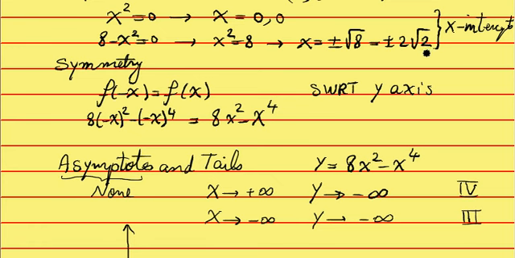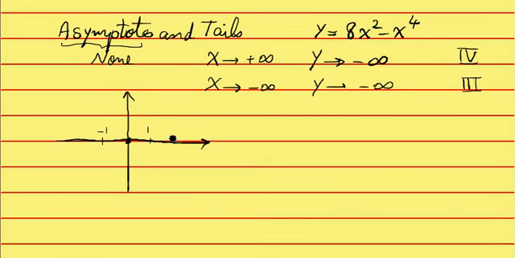That is, well, radical 2 is about 1.4. Doubling that gets you 2.8, close to 3 almost. So 1, 2, 3, and we have an x-intercept here. Double x-intercept here, and minus 2, minus 3, again another x-intercept.